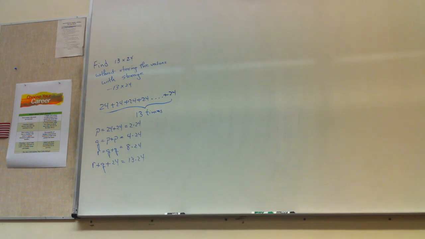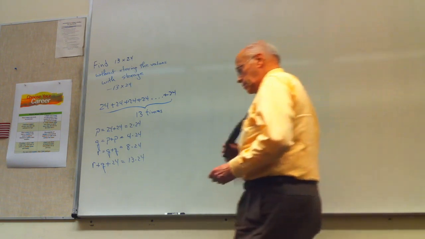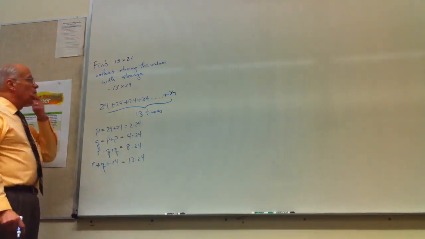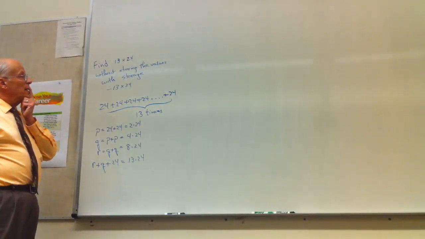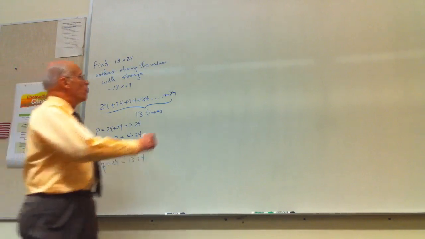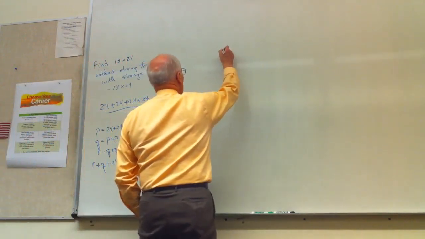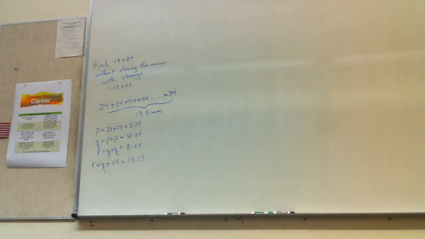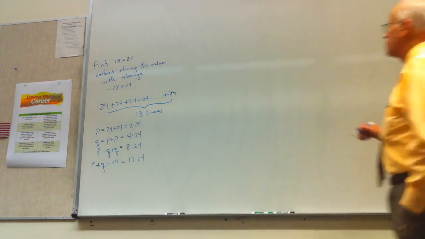So if we look at our instruction set back here, we can figure out a way to do this. First of all, I need to get that 24 loaded. Well, you remember we had this trick where we're going to do an AND operation with a register, an immediate operand.